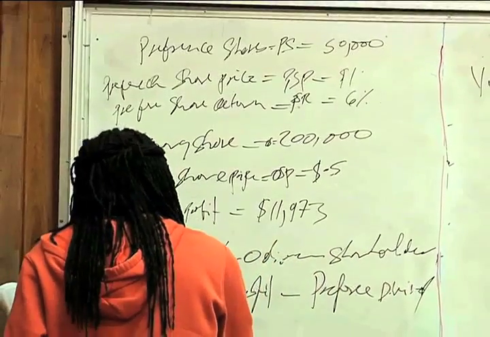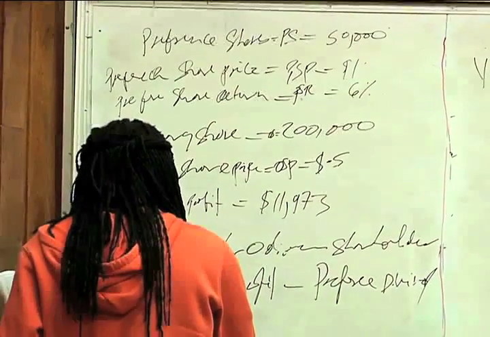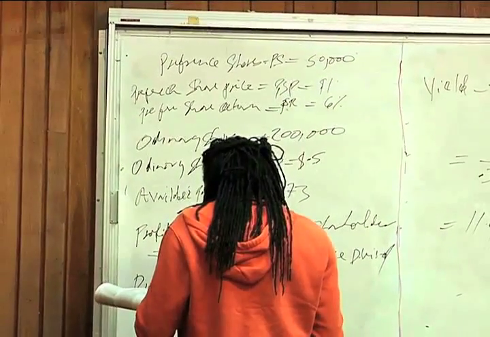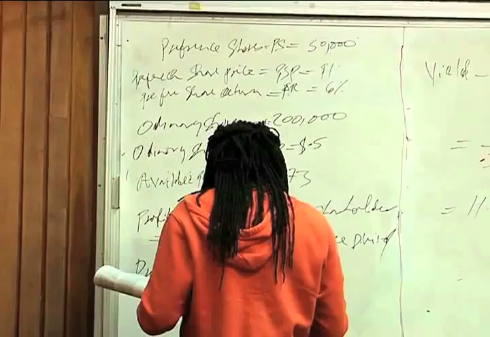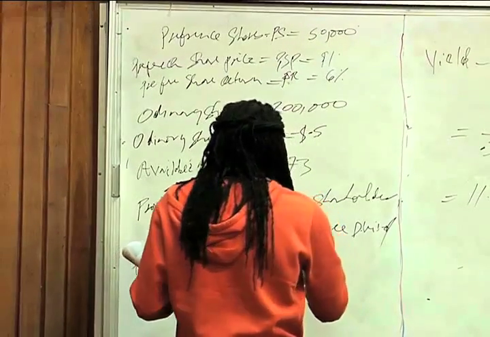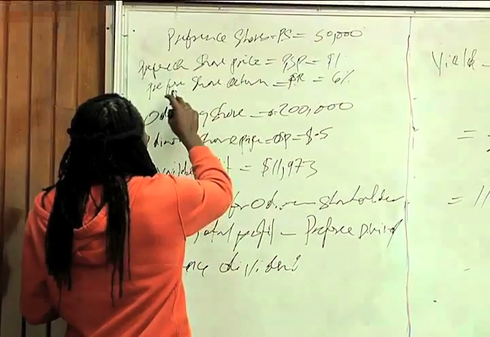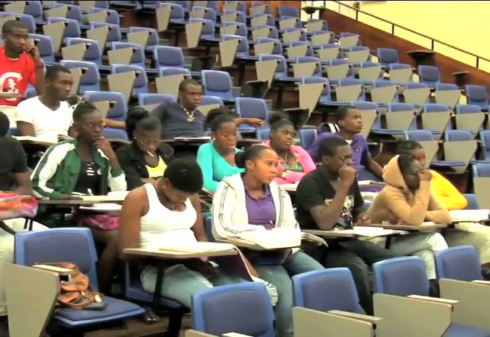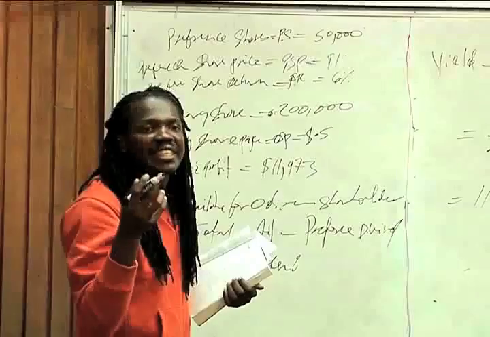Do we know the preference dividend? No, sir, we don't know it. We know the preference return, the dividend percentage, 6%, but we don't know what the dividend is.